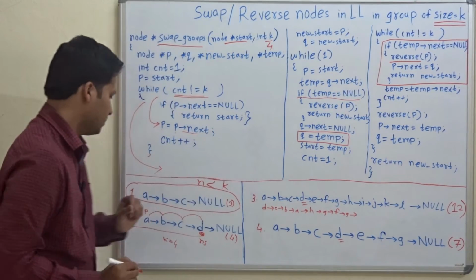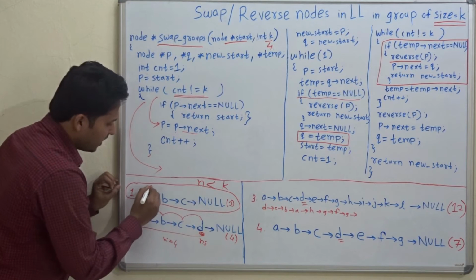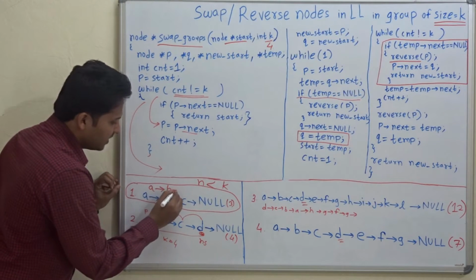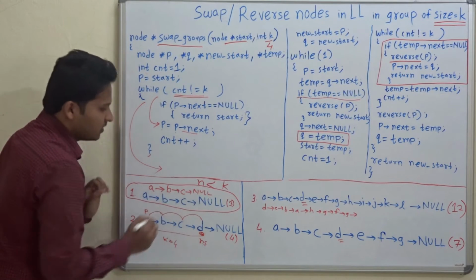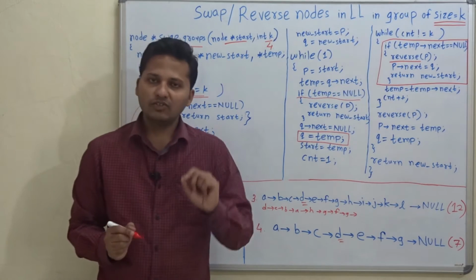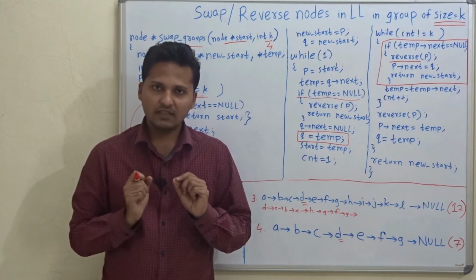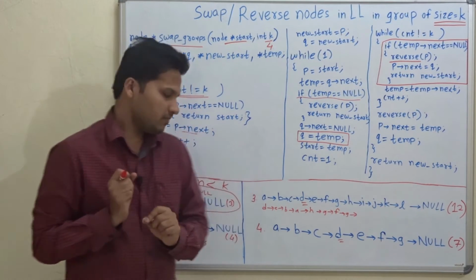In this case, we do not reverse this linked list and our answer is the linked list as it is: A, B, C, null. So if the length of the linked list is less than k, the group size, then we return the linked list as it is.